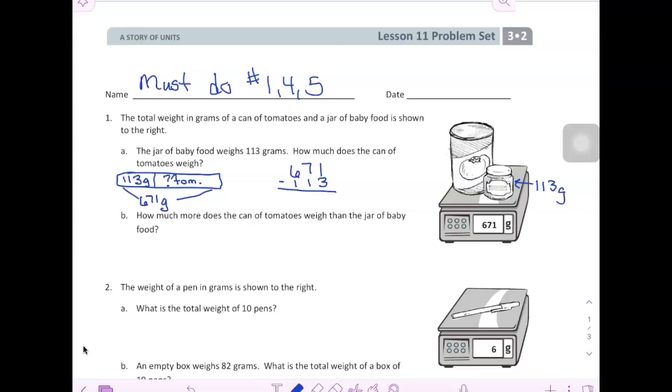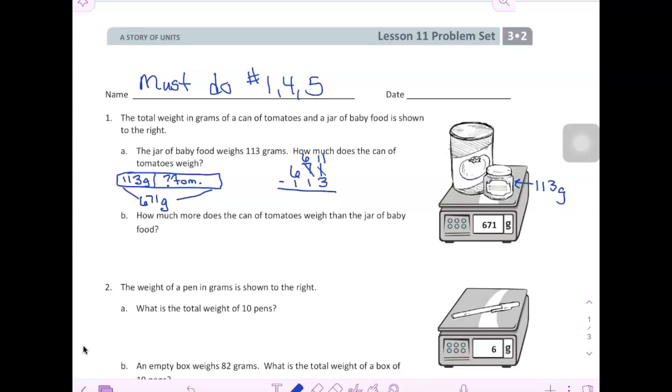And I have 1 1 and 3 1s. I cannot take 3 1s from 1, so I need to unbundle a 10. So now I have 6 10s here. I change those 10s into 1s and add them to the ones I already have.